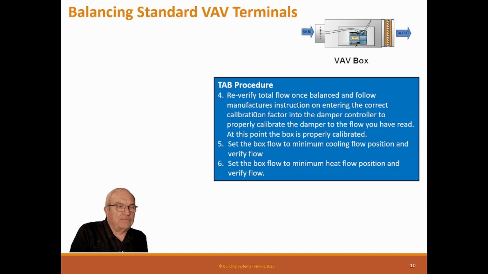Now, sometimes in our jobs we have set the box flow to minimum and actually reread the grills. The reason is because some grills dump air. They don't work well with VAV systems. They're designed at maximum flow, and when you go to minimum flow, instead of distributing less air, they'll just dump it right down in a straight line.